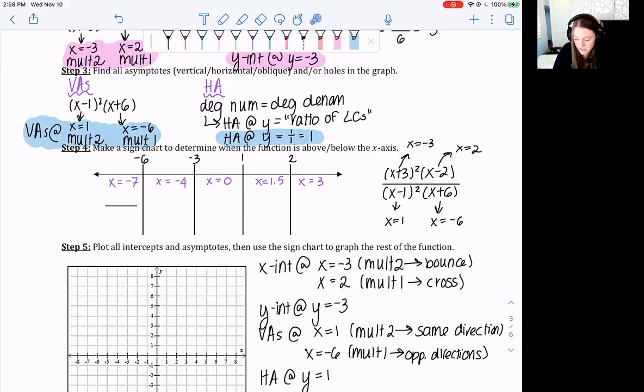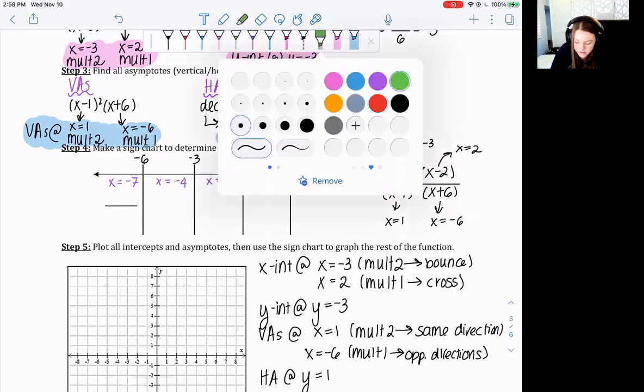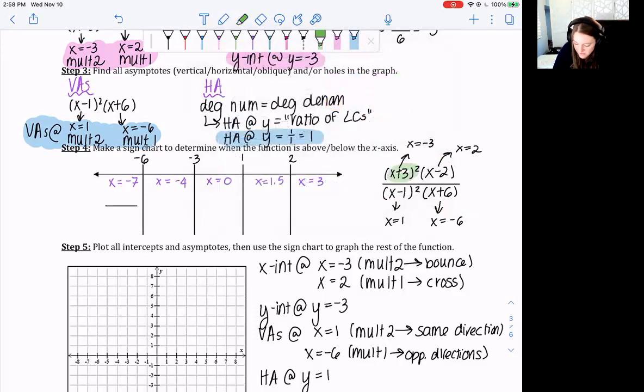Furthermore, when I look at these factors, I know for certain that this factor here and this factor here are always going to be positive no matter what I plug into them. Even if I plug in -7, -7 plus 3 is -4, but when I square it, -4 squared becomes +16. It doesn't matter what I plug in.